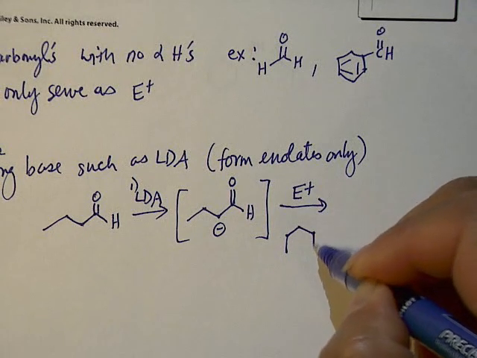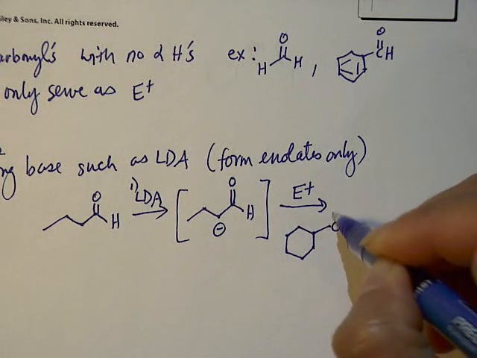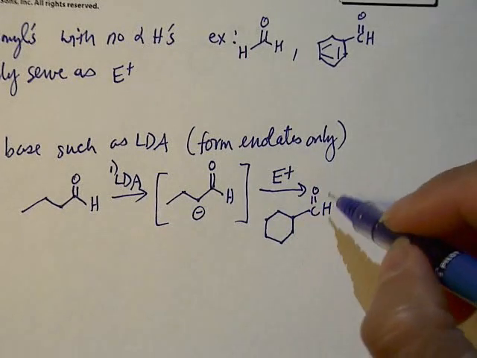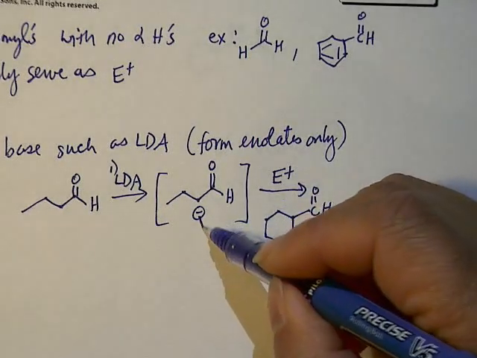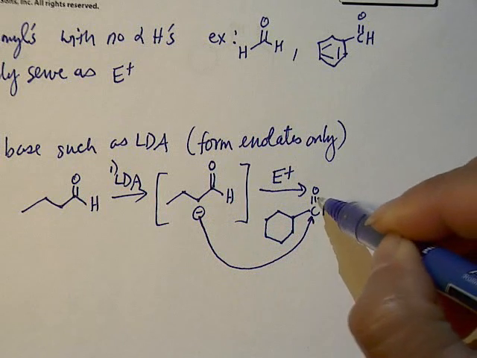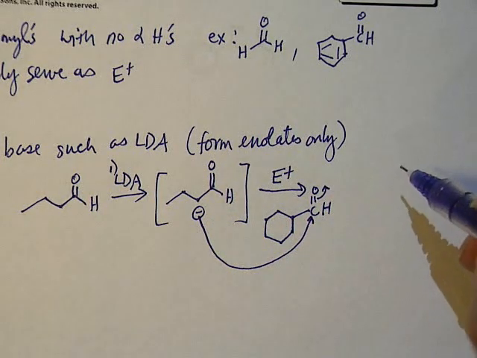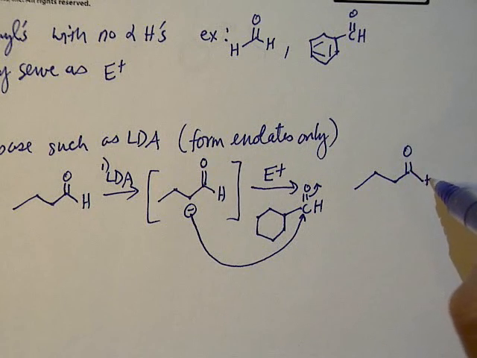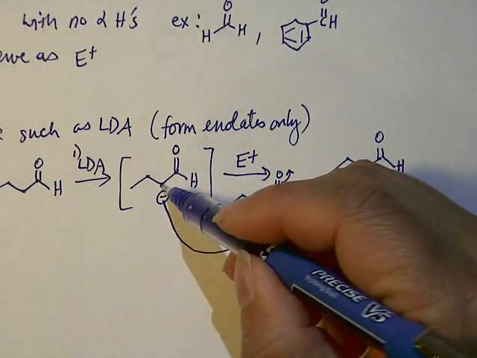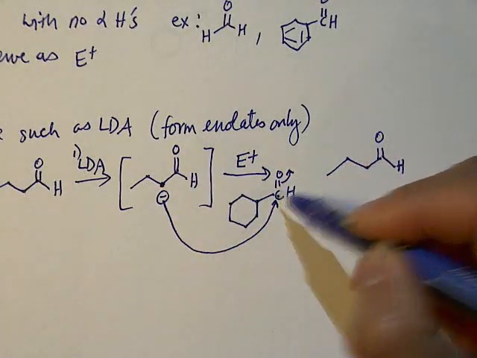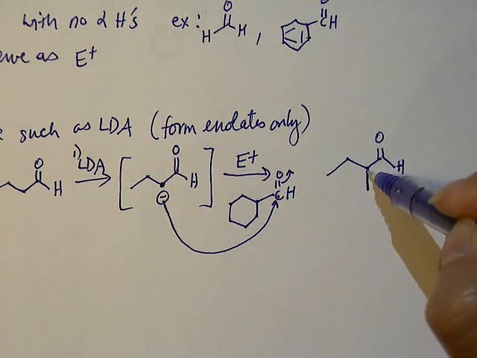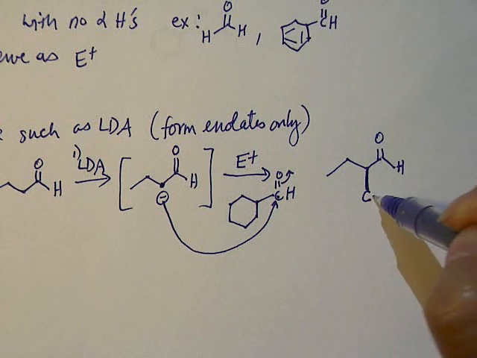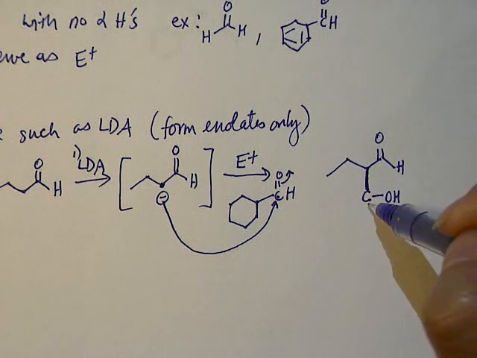So let's say you react it with cyclohexane aldehyde, then this is going to react here and form the product. So you're making a bond between this carbon and this carbon. So that's the bond that you're making, and redraw the carbon here, and that's going to become alcohol, right?